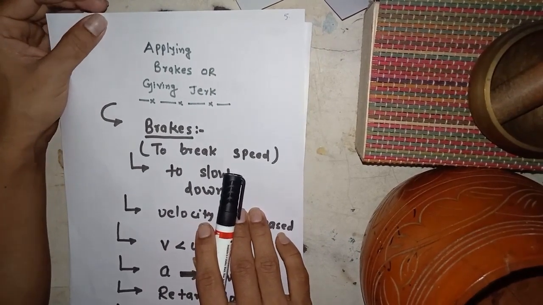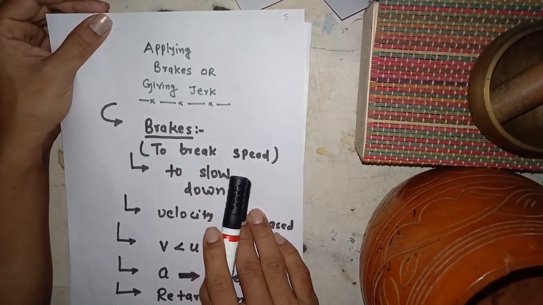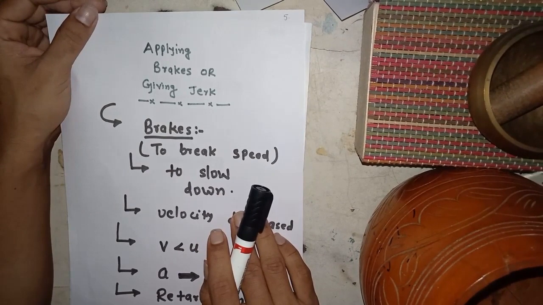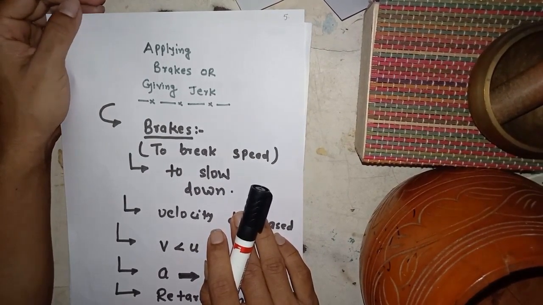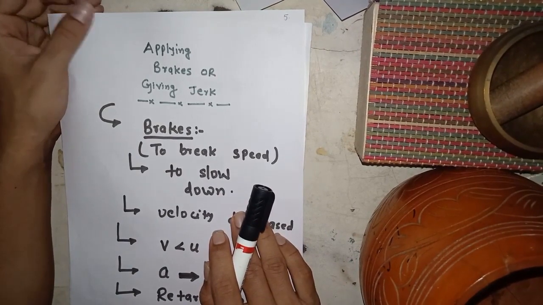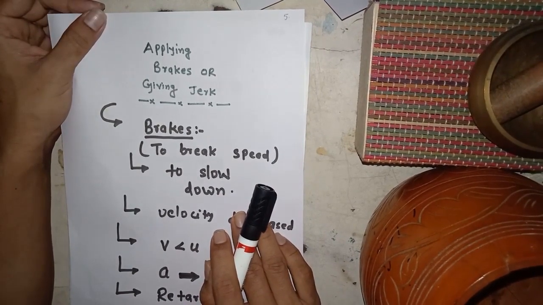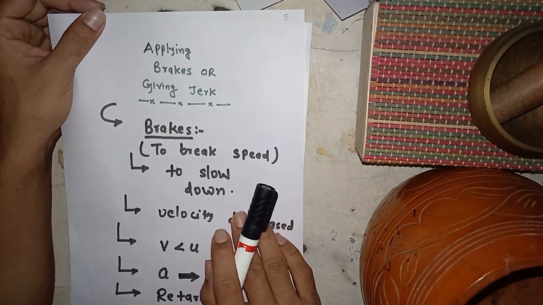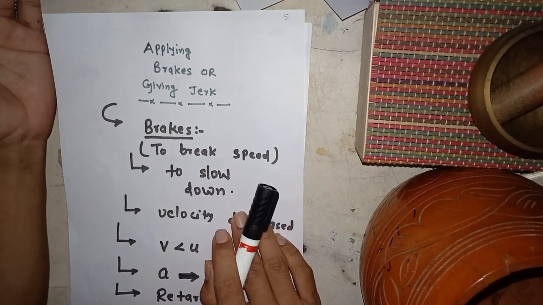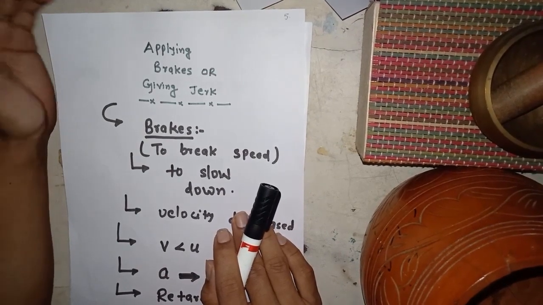Now, what is the meaning of applying brakes or giving jerks? You already know that if you go to your school, somewhere the driver applies brakes and the bus decreases its speed, or ultimately comes to rest.